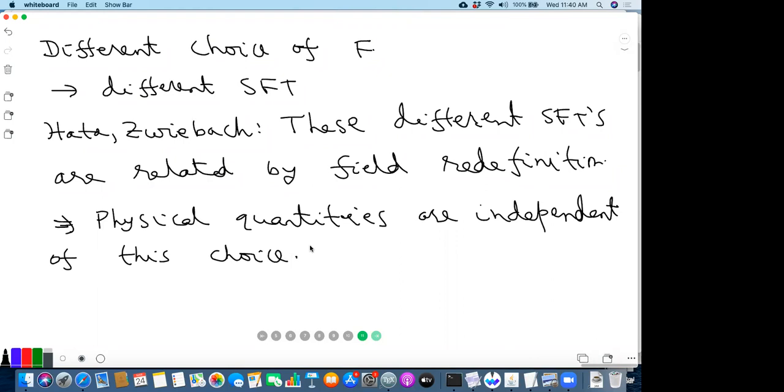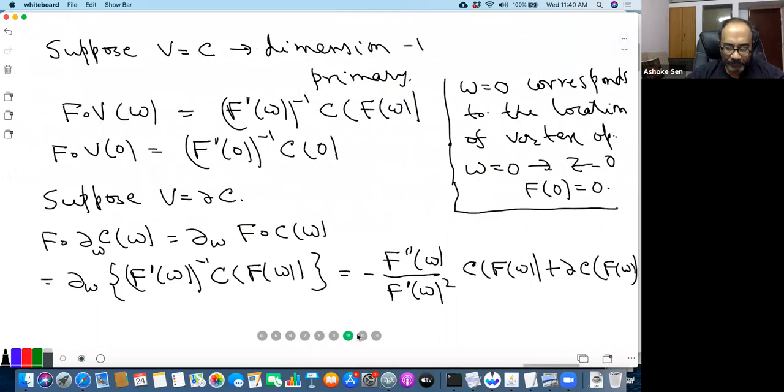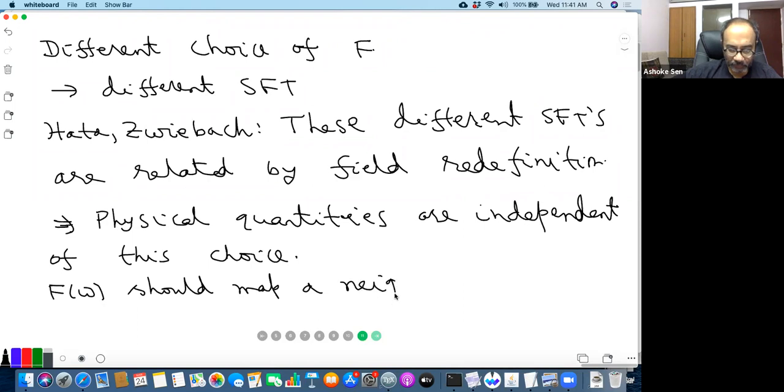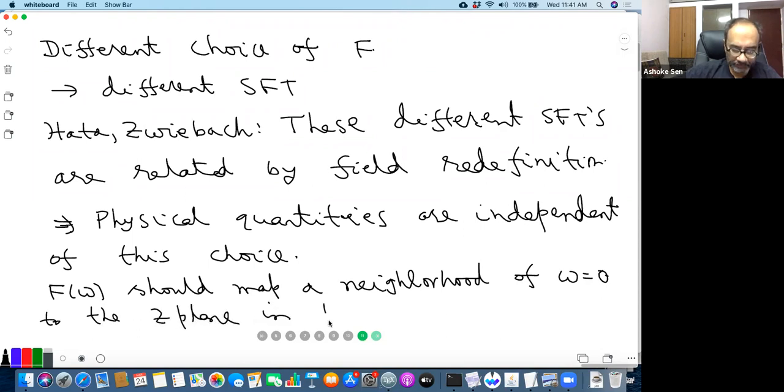Can I ask something? These f's should be maps from the upper half plane to the upper half plane? No, not necessarily. Maybe I should emphasize this. The only thing that we demand is that f(w) should map a neighborhood of w equal to 0 to the z plane in one-to-one fashion.